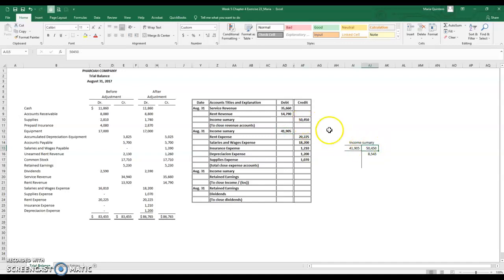This is the total in the credit, the total of the revenue, and then in the debit account, we put the expense accounts, and the difference between both is the income summary. And the retained earnings. With this action, we already closed the income summary.